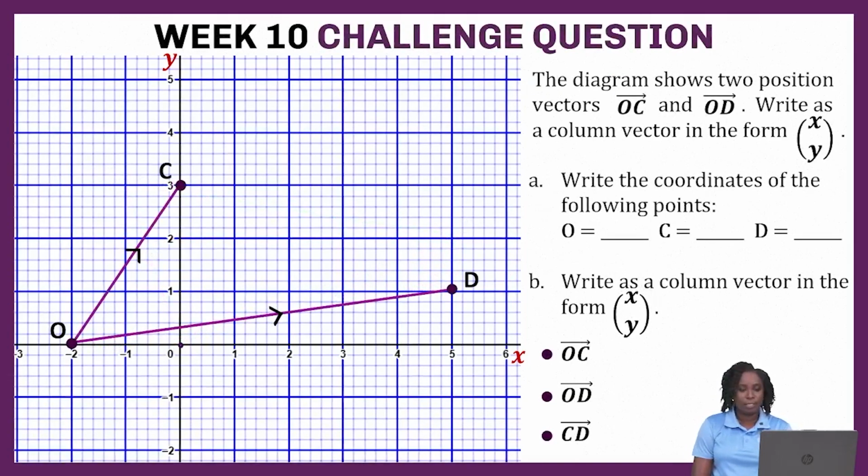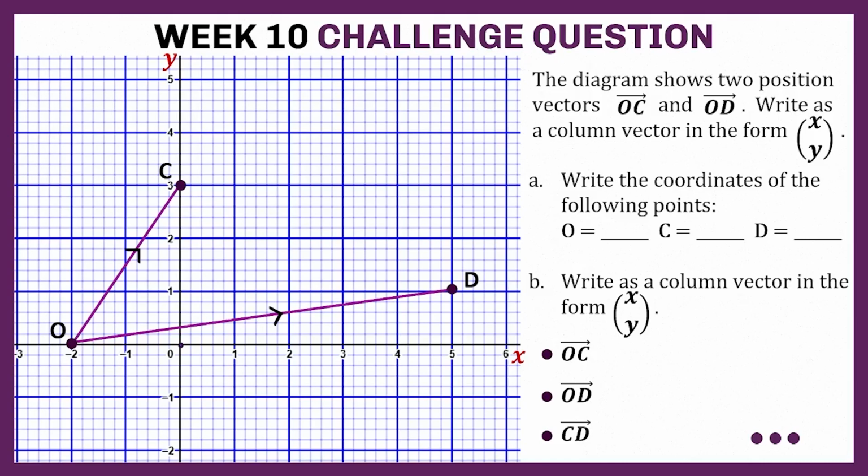So this brings us to our challenge question for this week. The diagram shows 2 position vectors, OC and OD. Write as a column vector in the form (x, y). Part A, write the coordinates of the following points, which are labeled there: O, C, and D. Part B, write as a column vector in the form (x, y) OC, OD, CD.